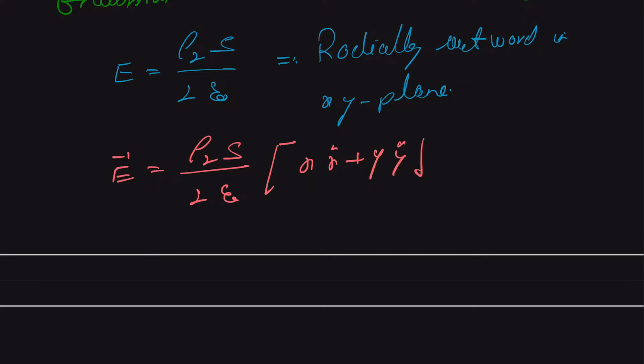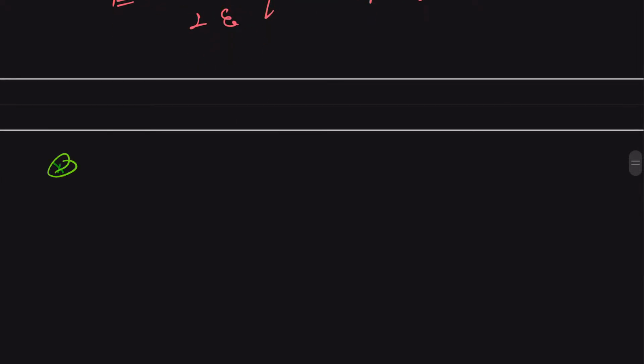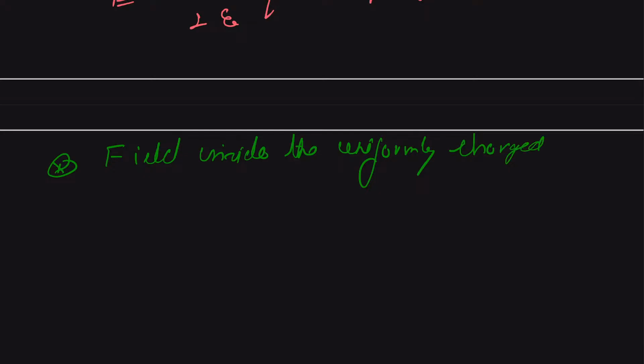Now we come to our third part, that is our slab. So this is our field inside a uniformly charged infinite slab.